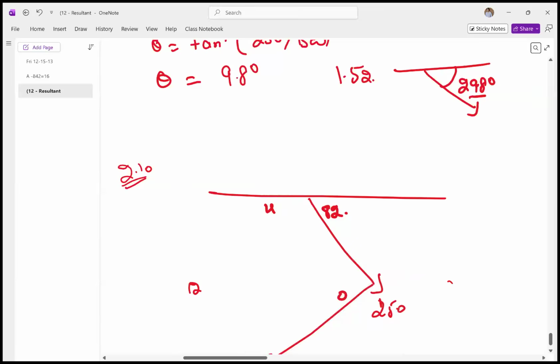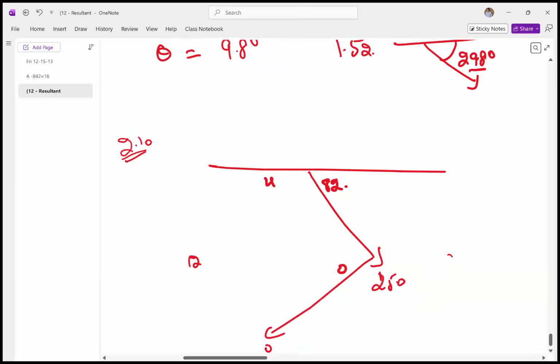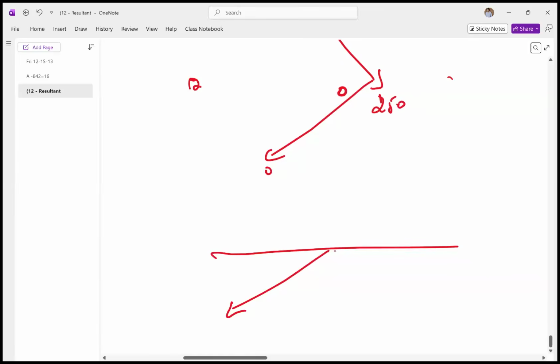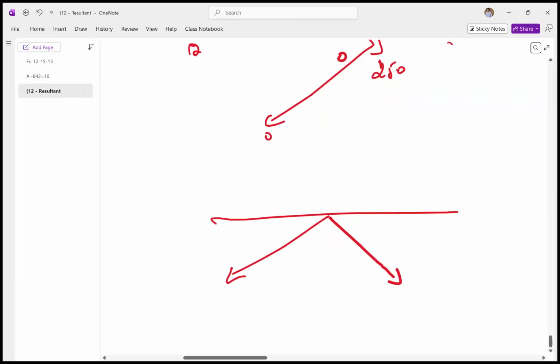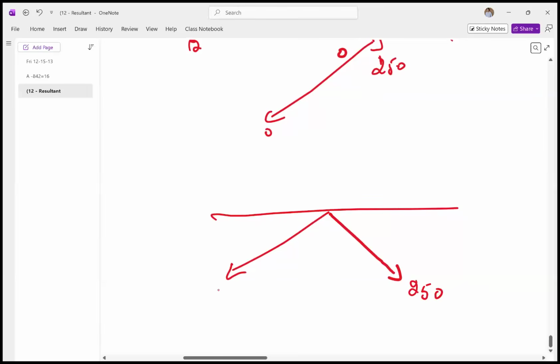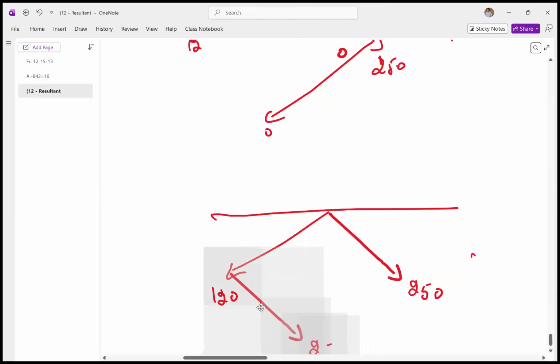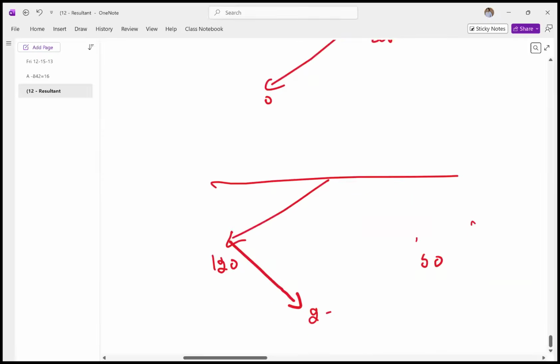You can do it this way, or if this is one of the vectors and the other vector was in this direction, this was 250 and this one was 120, I can move this 250 vector up here also and complete the triangle here also.